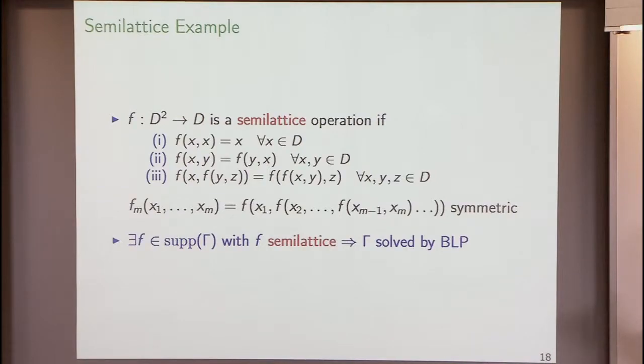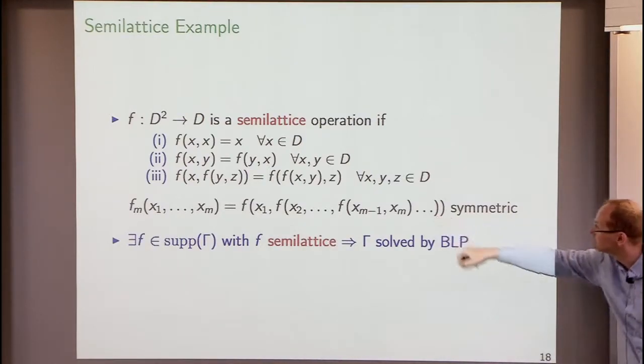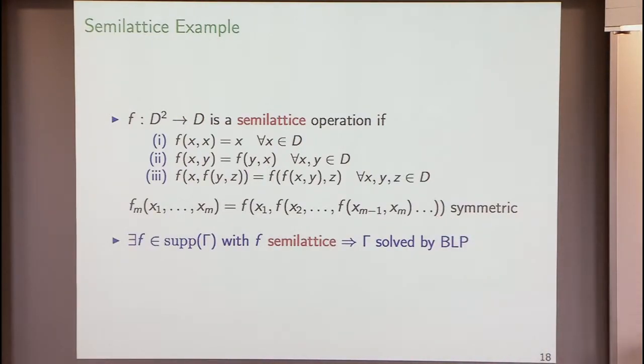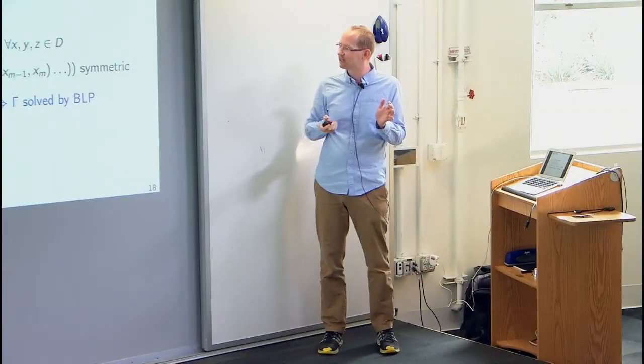You could build m-ary min by doing this. Compare the result with the third option, and so on. And because of this construction, and because of the fact that the support of gamma is a clone, we immediately get, as a corollary of the previous result, that if you have a valued constraint language that has a semilattice operation in its support, then any VCSP instance built over this language is solved by BLP.